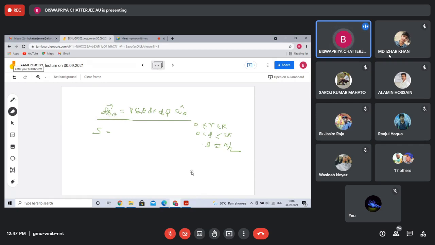So can you tell me quickly? So 4 pi r square. R square by 2, 4 pi r square.